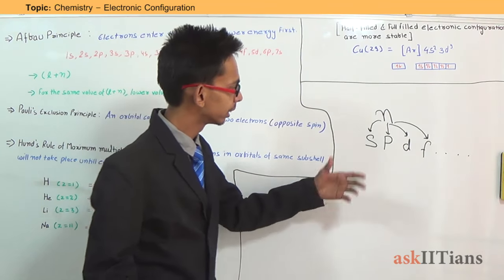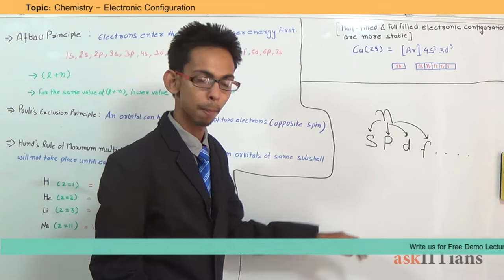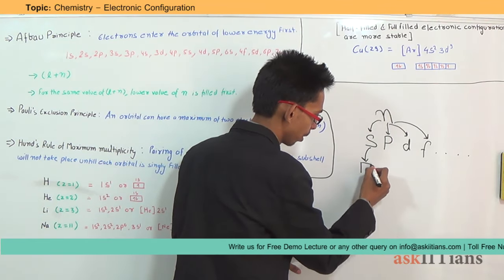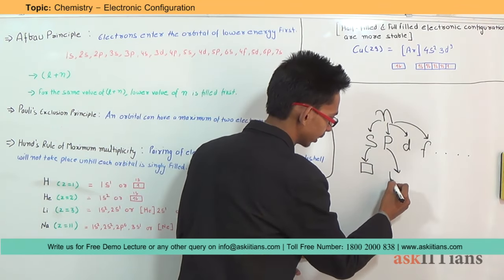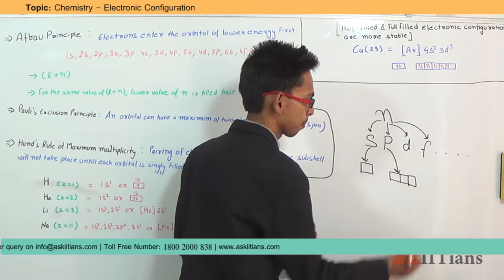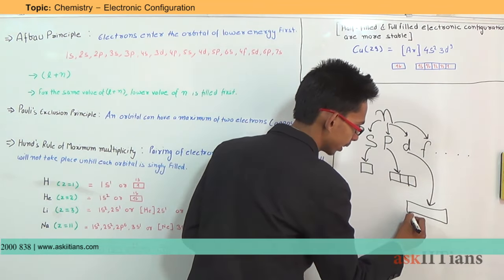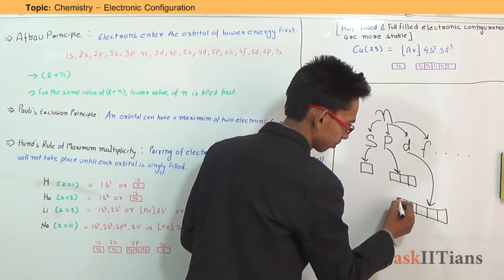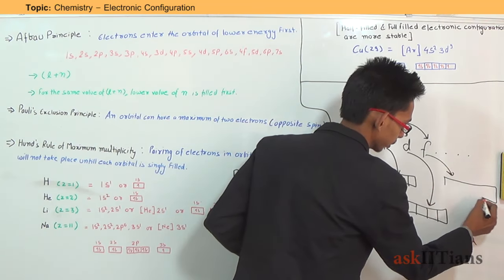Now these subshells contain orbitals. The S subshell contains one orbital, the P subshell has 3 orbitals, D has 5 orbitals, and F has 7 orbitals, and so on.